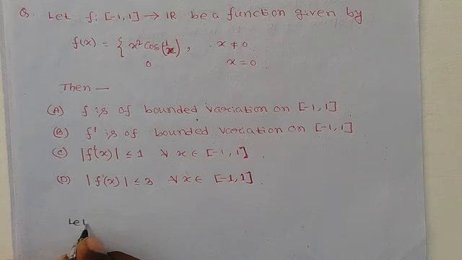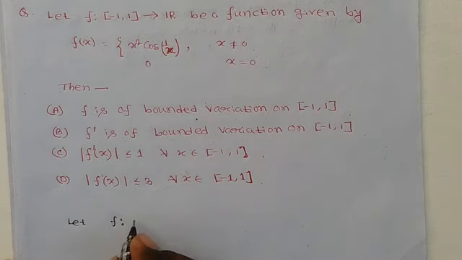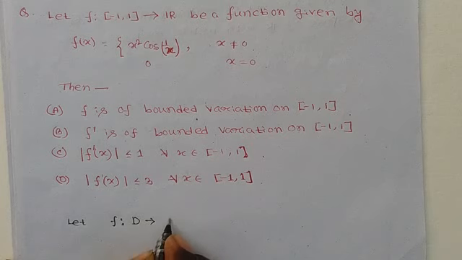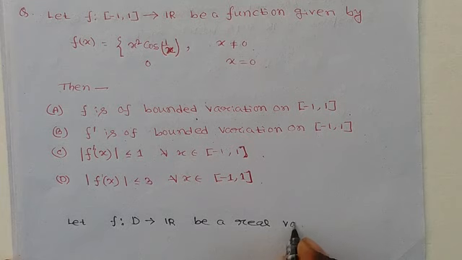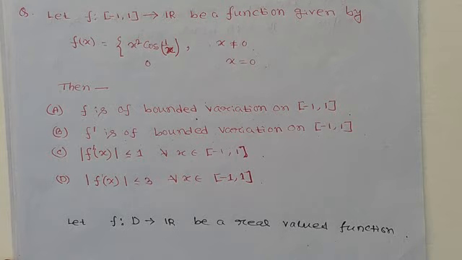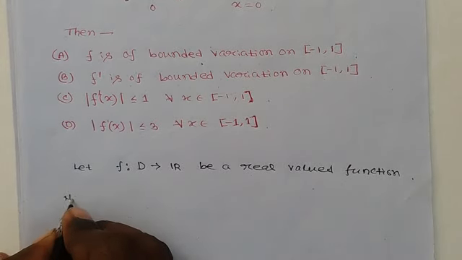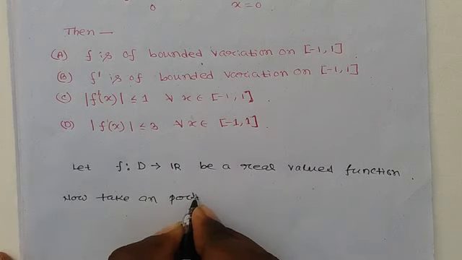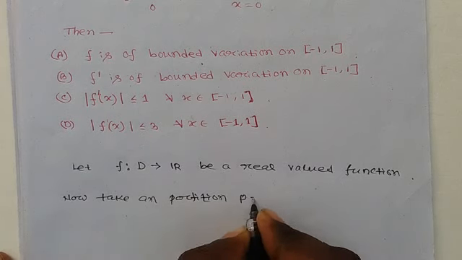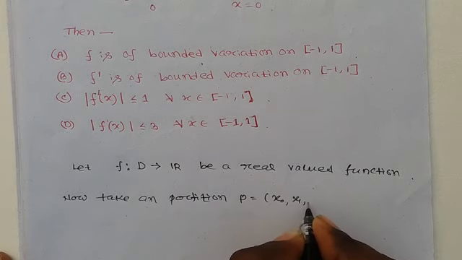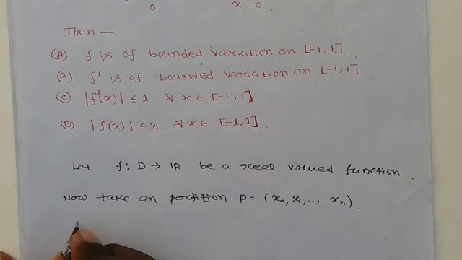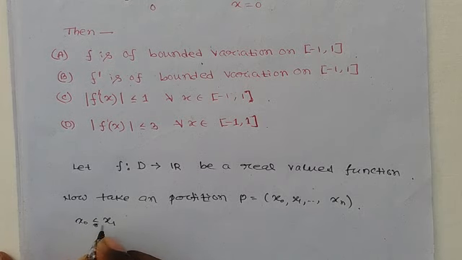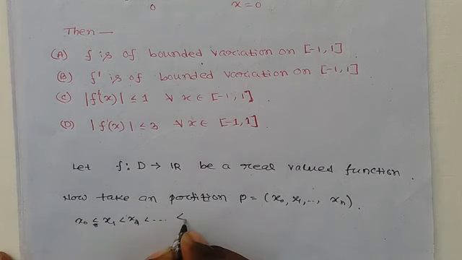Let f be a real valued function with domain D, f from D to R. Now take a partition, say P equal to {x0, x1, ..., xn}, where x0 less than x1 less than x2 less than ... less than xn.